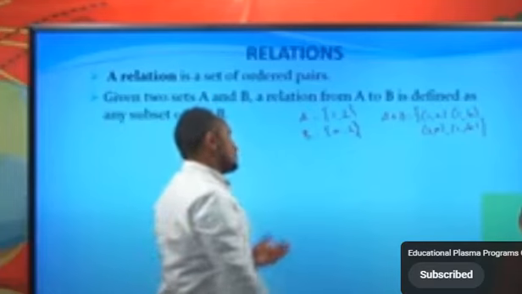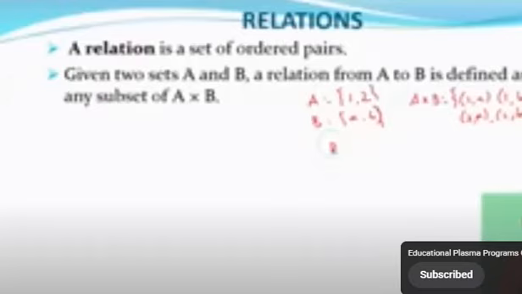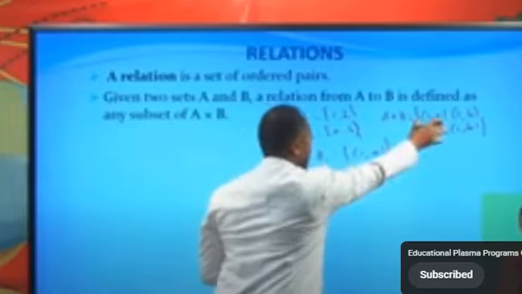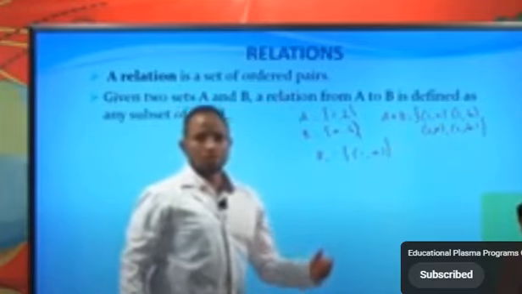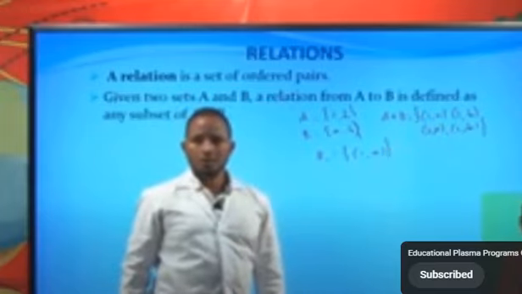So one relation from A to B can be taken as (1, a), or some part of this, or any subset of this will be a relation from A to B.